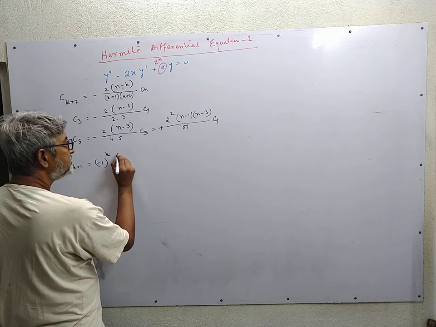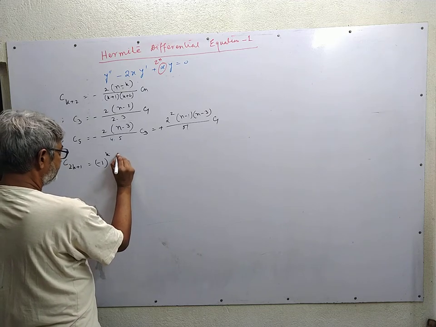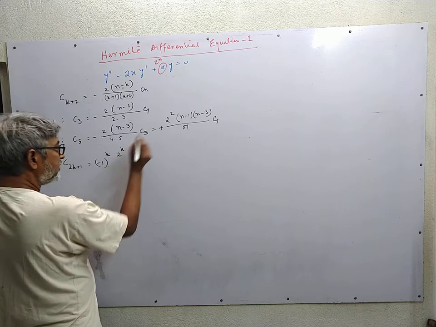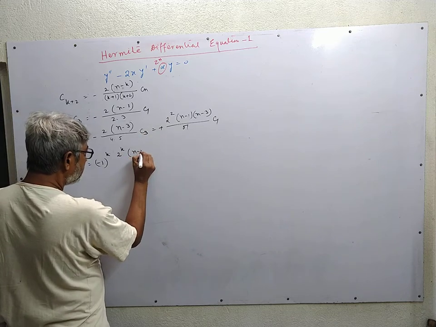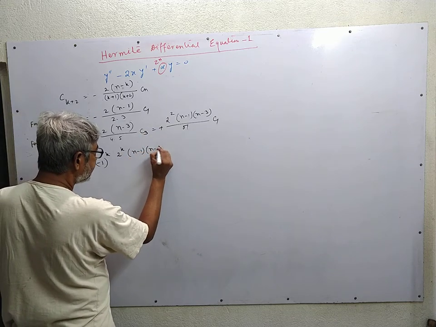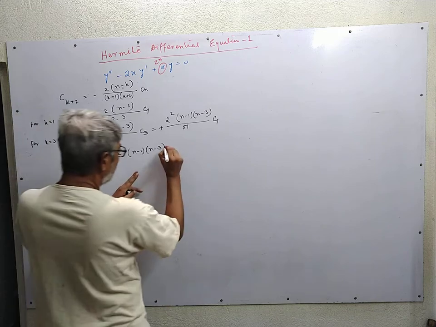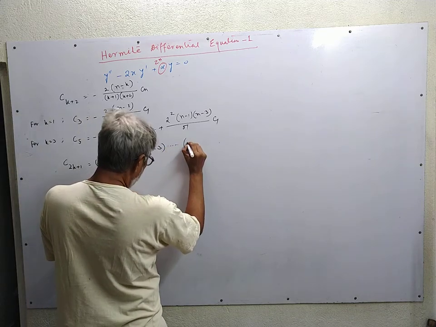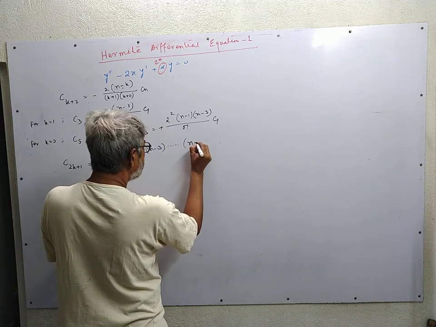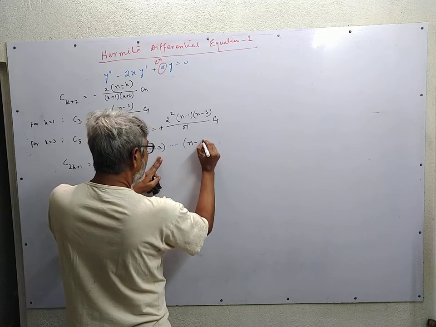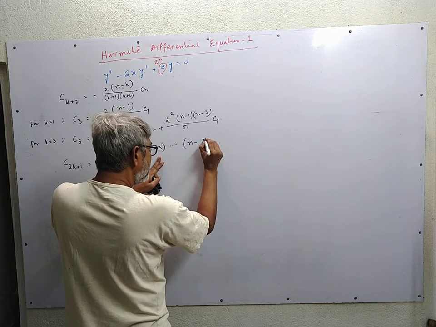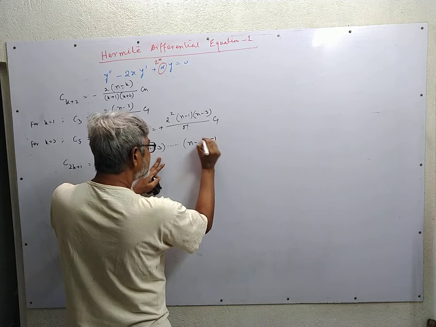This is 2 to the power k, n minus 1 and minus 3, and going in this way, n minus 2k minus 1.